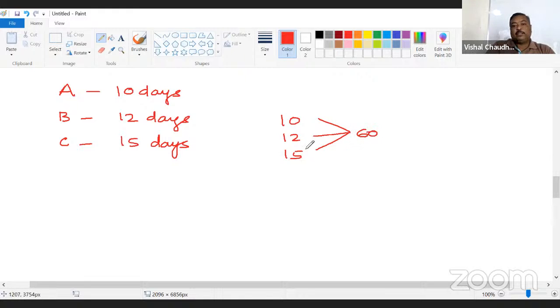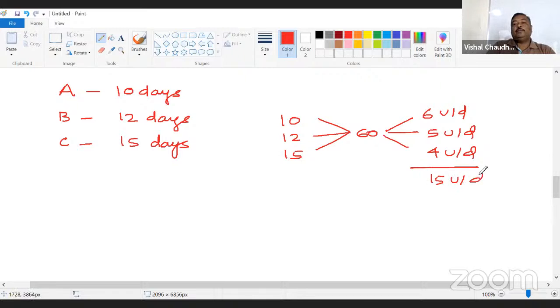So we have 60. Again, 6 unit per day, 5 unit per day, 4 unit per day. If they do all together, it will be 15 unit per day. Number of days is 60 by 15, and that is 4 days.